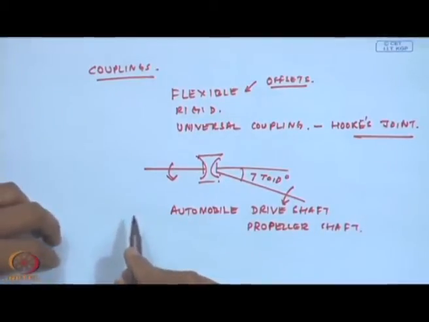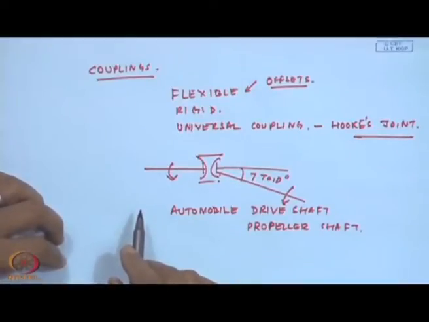But despite having these couplings, we will still see a lot of forces and moments coming at the bearing locations. Why at all is misalignment a serious issue in machinery? Because misalignment will load the system. When I give power to a machine to run it, I am unnecessarily wasting energy to rotate a misaligned shaft.